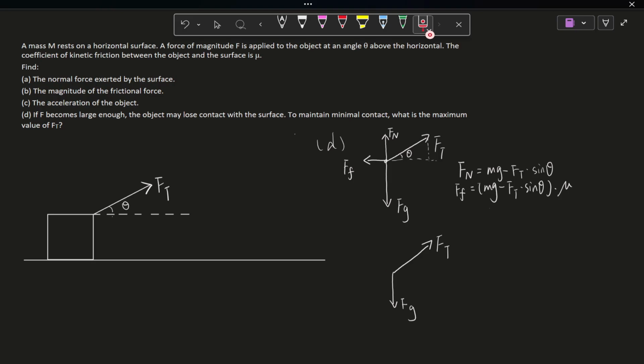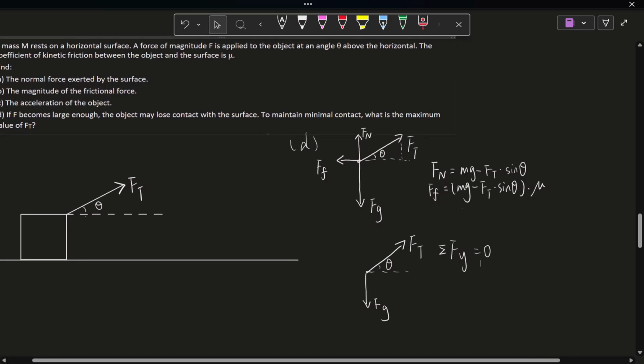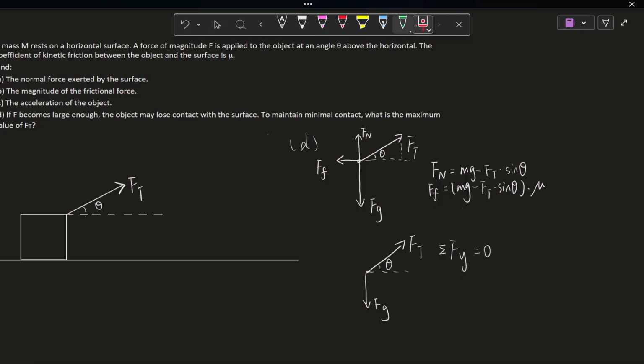Now let's separate them into components. This is angle theta. Since it still has minimal contact, the net force Fy is still equal to 0, because it almost lost contact with the surface, however it still hasn't. It is not moving vertically yet. So we can write the net force in the y direction is equal to 0.